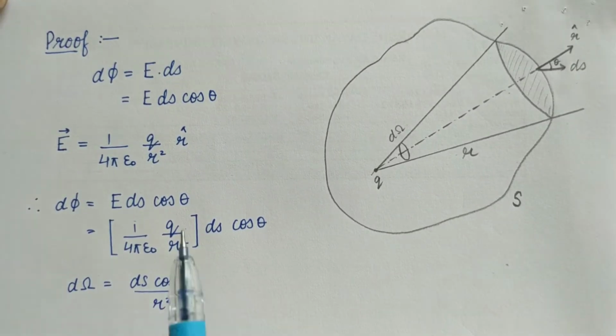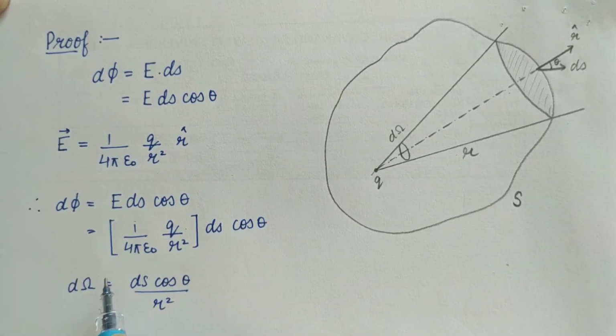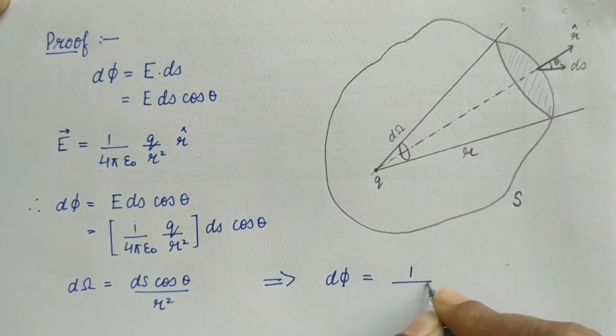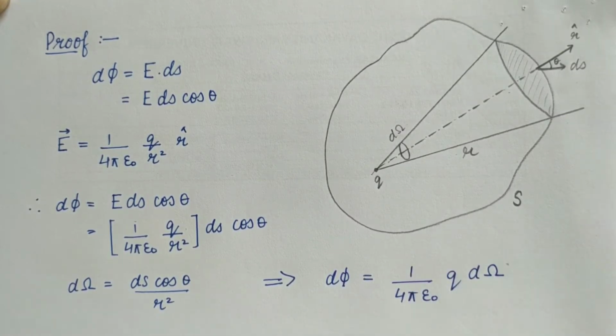So now you can see that we have ds cos theta upon r square here. So we can replace this term by d omega. So we will get d phi is equal to 1 upon 4 pi epsilon naught q d omega. We have replaced this value by d omega.